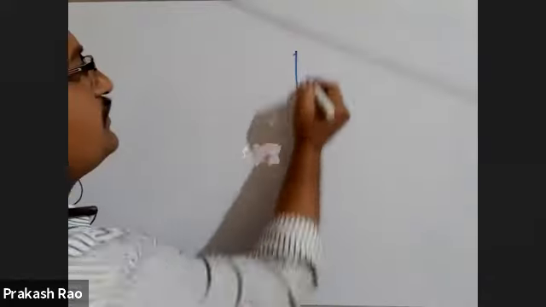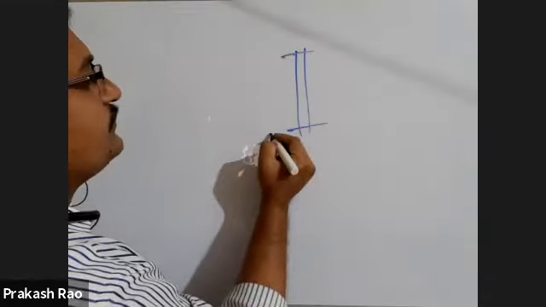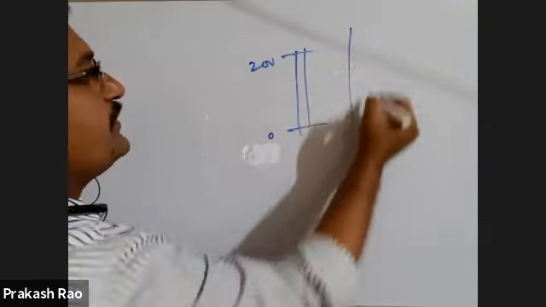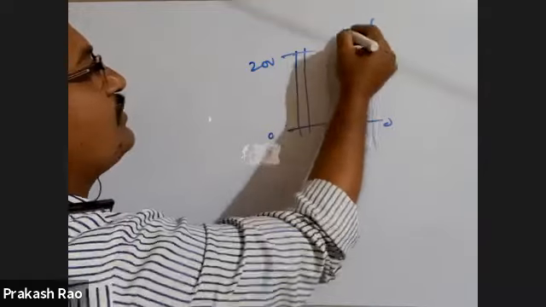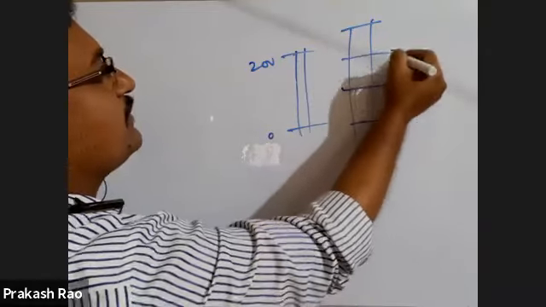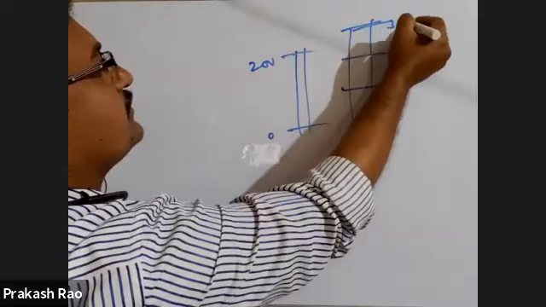There are two scales. In one scale, 200 units are there, starting from 0. In the other scale, 0 to 300 units are there, with 0, 100, 200, 300 divisions.